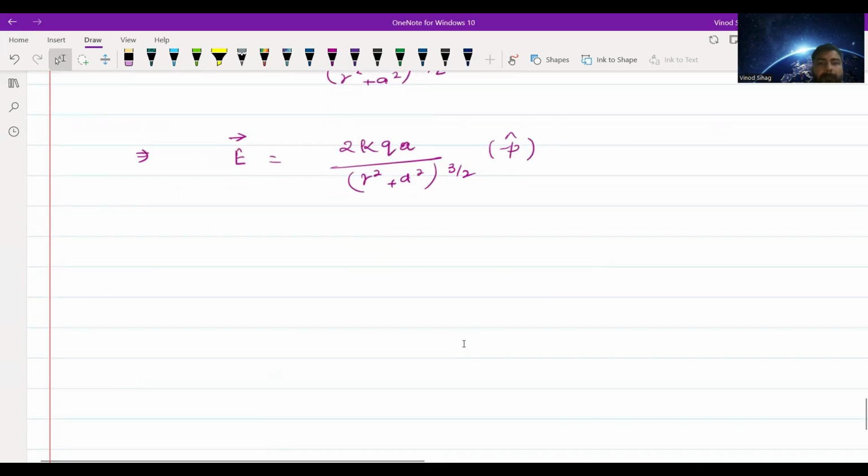और यहाँ पे एक चीज है that we can replace.